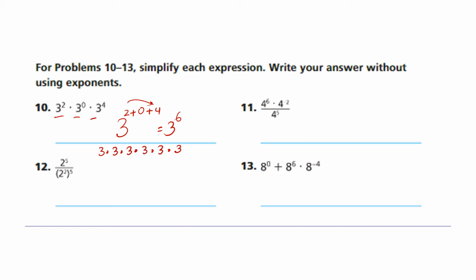And then you multiply them. 3 times 3, 9. 9 times 3, 27. 27 times 3, 81. Then 81 times 3, 243. And 243 times 3 gives 729. So this is our answer.